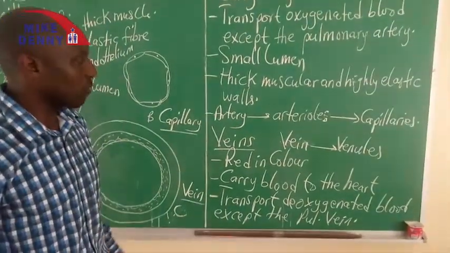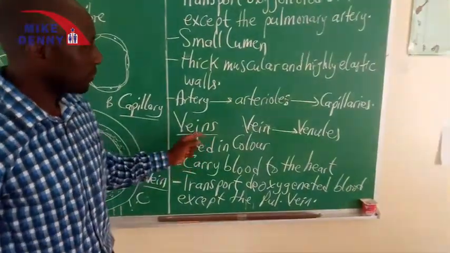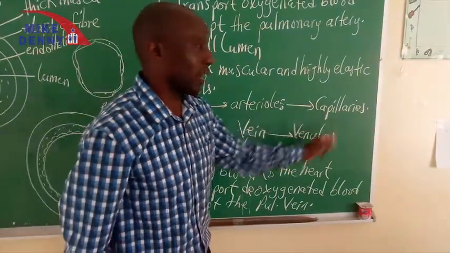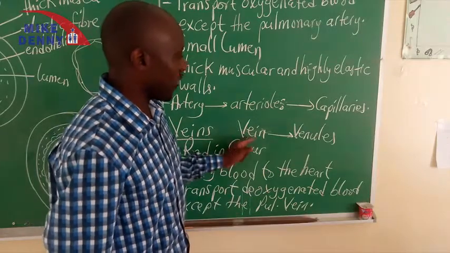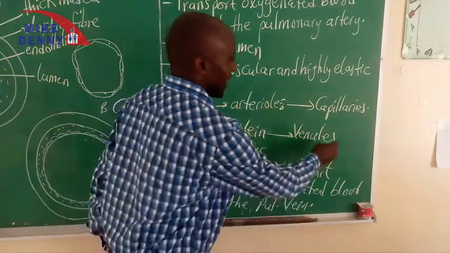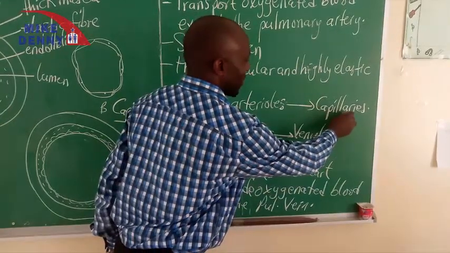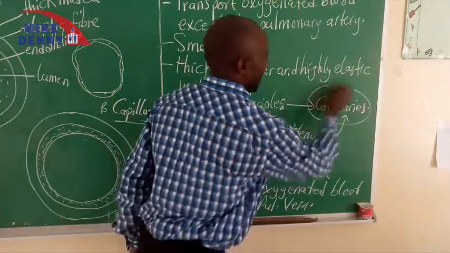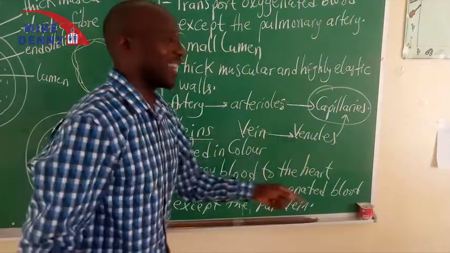And we discover from this link that when arteries give arterioles and arterioles give capillaries, and veins branch to give venules, it means the capillaries now serve in between the arteries and the veins.